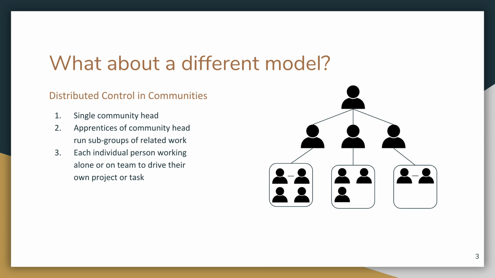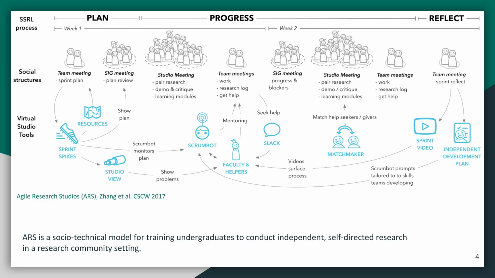So in this case, each person gets to do their own individual tasks, but they're still part of this larger community collective that's working towards some collective goal. An example of this is in research training, there's a model called the Agile Research Studio model.